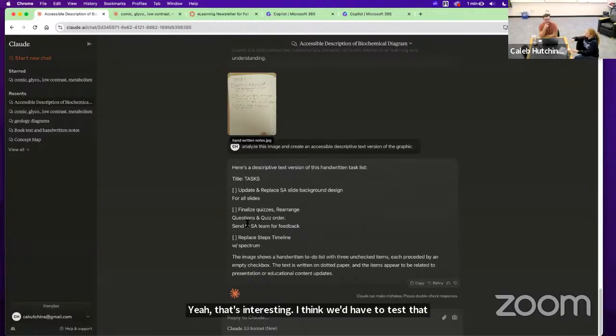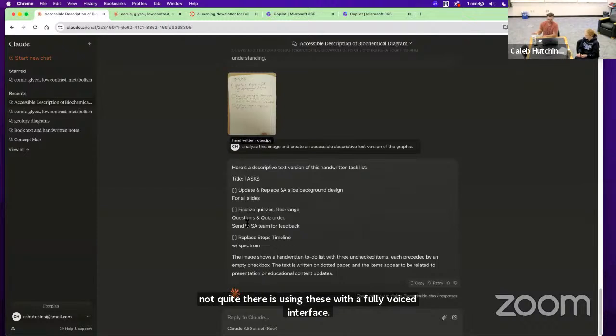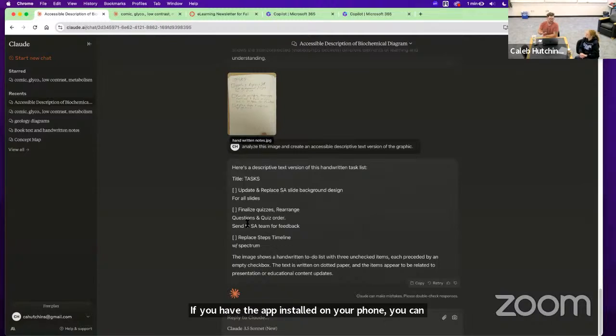The other thing that I think there's potential for that's not quite there is using these with a fully voiced interface. So for example, with ChatGPT Pro, if you have the app installed on your phone, you can control it verbally. Instead of typing in your prompt, you can tell it, look at this image and create a transcript for me.